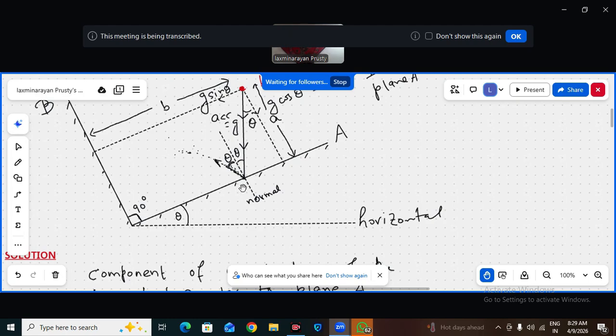So it will move with the same angle of reflection theta with the normal.